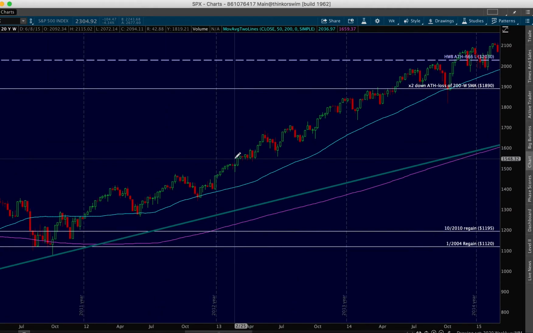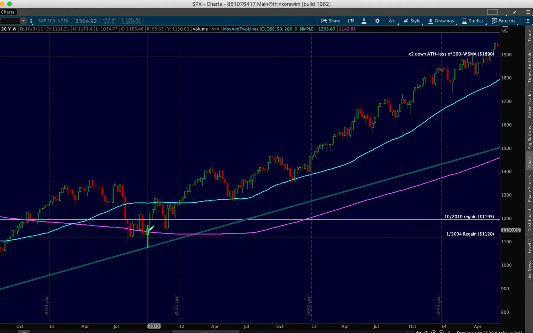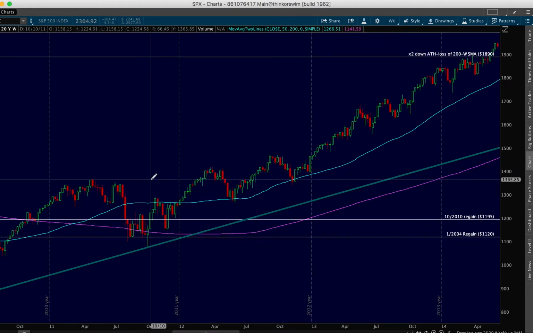And then before that, there was the sell-off towards the end of 2011 when we had the budget crisis, and S&P downgraded the debt rating of the United States, and we had a few weeks where we were chopping back and forth above and below the 200-week SMA. But still, there is no support in the market. There is no institutional buying to take us up off of this mat and bring us up higher.